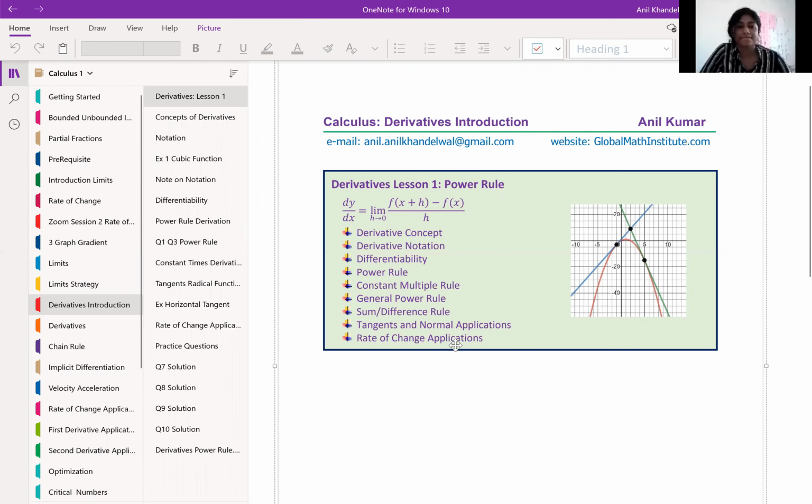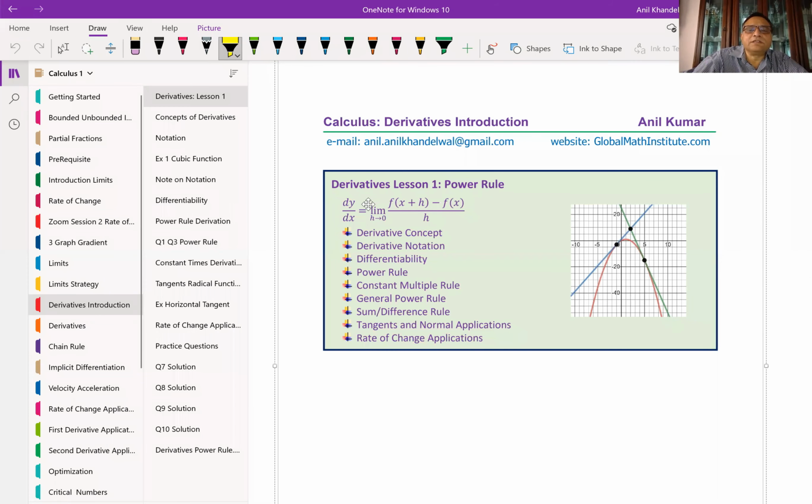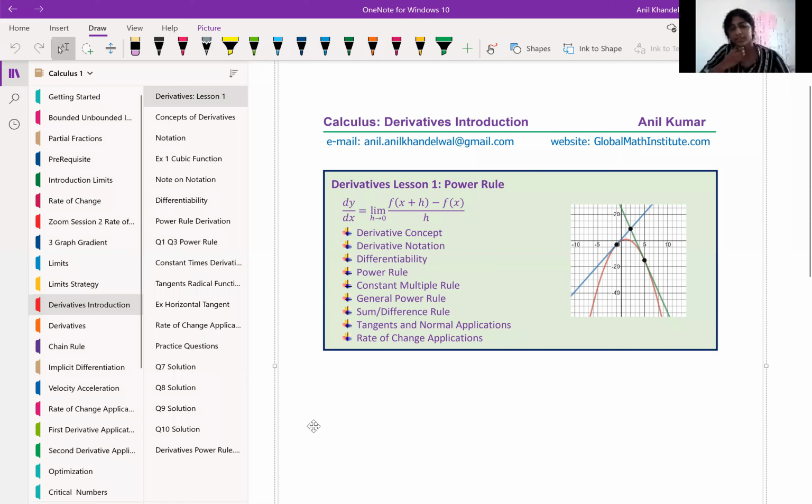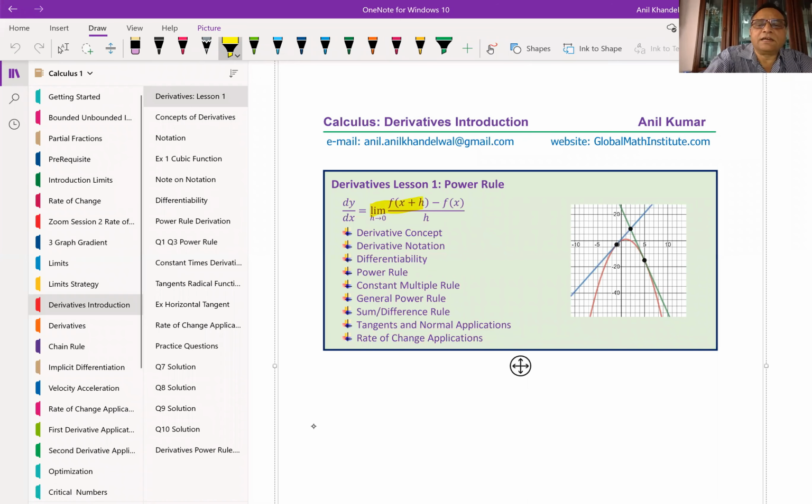This is on the derivatives, right? Now, the first lesson on derivatives, what we learned is this difference quotient equation, which is given right on the top. See only the right side of this difference quotient equation, which is so familiar to you.